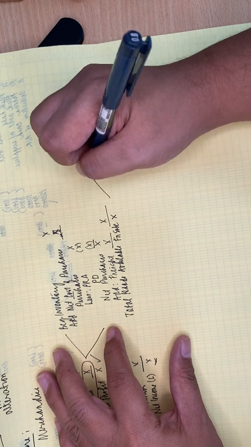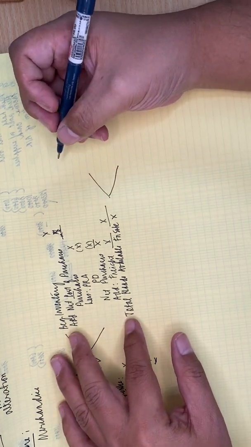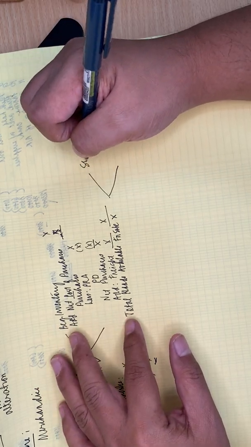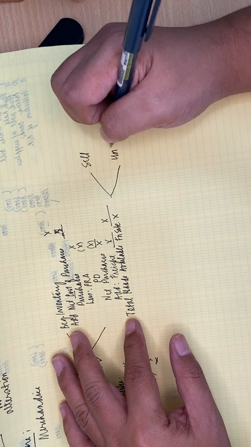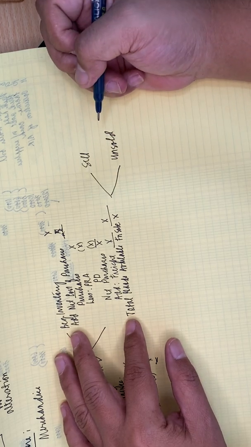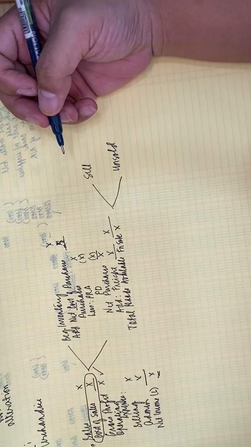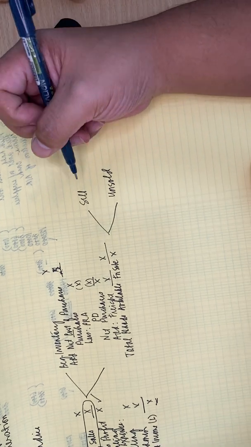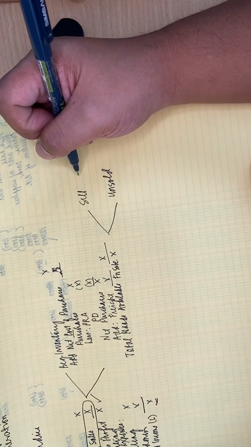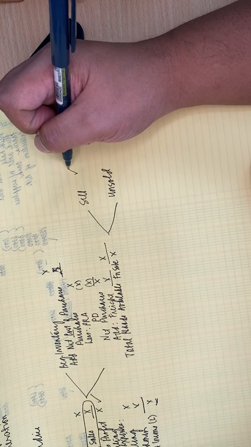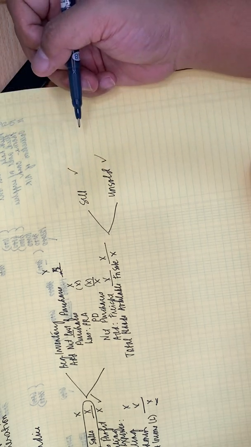Now, two things can happen to your total goods available for sale. You can either sell it or it remains unsold. So the question is, which one is easy to determine, the amount of goods that you have sold or the amount that is unsold?